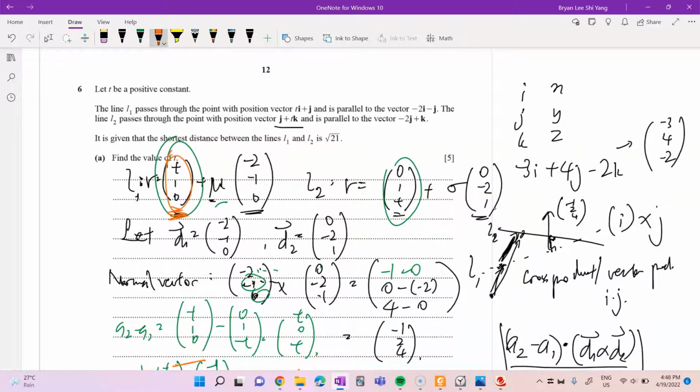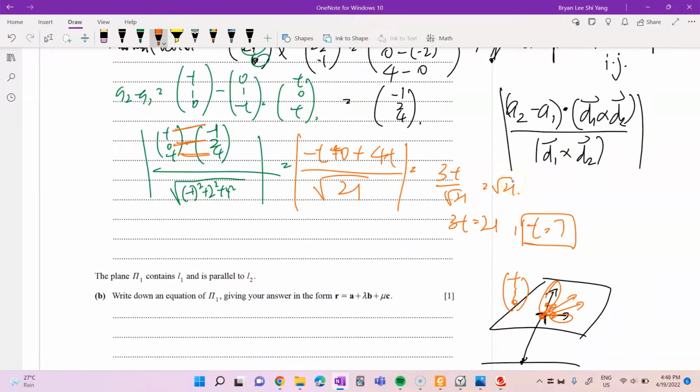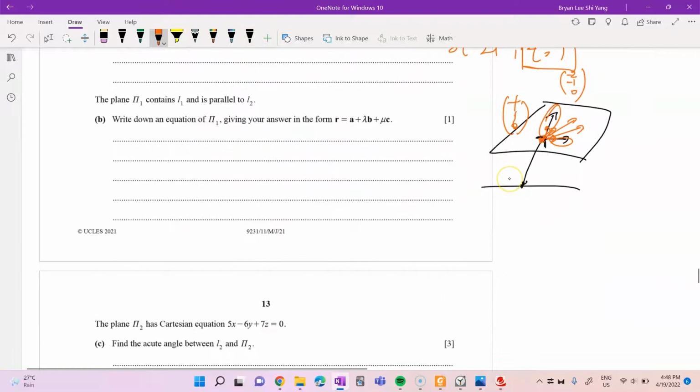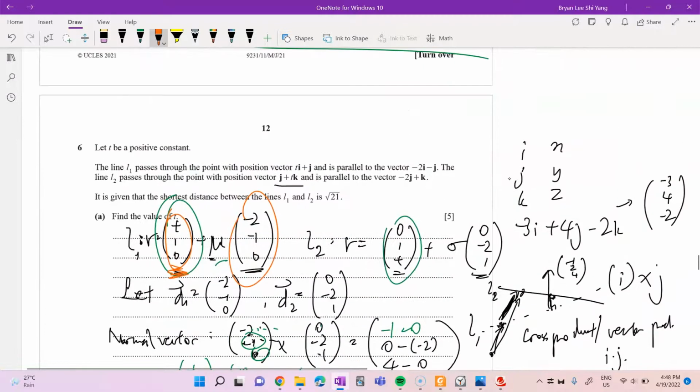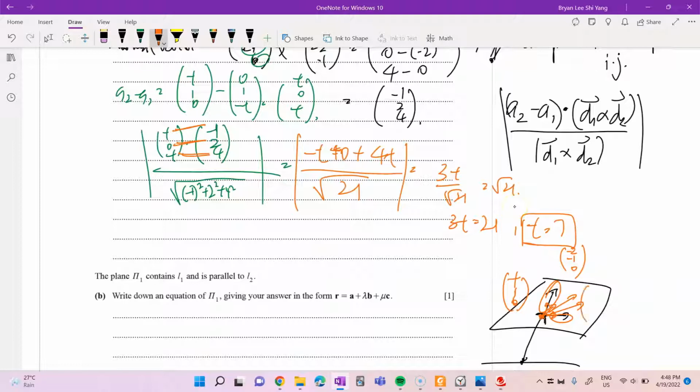So one of our direction vectors here is negative 2, negative 1, 0, and then the other one would be parallel to the vector negative 2j plus k. So we have the other direction vector to be negative 2j plus k, okay.